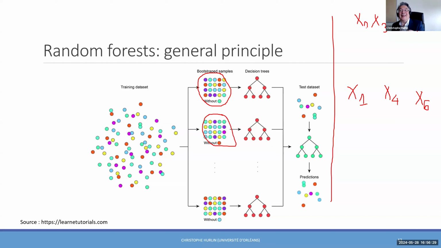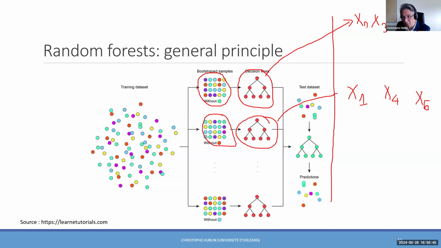If I impose on the CART algorithm to choose the variables among this set here, and among that set there, then by consequence the second tree will be largely different from the first one. It's clear?